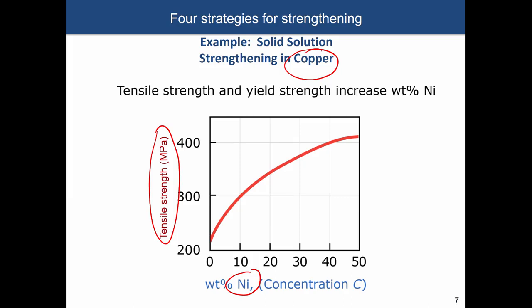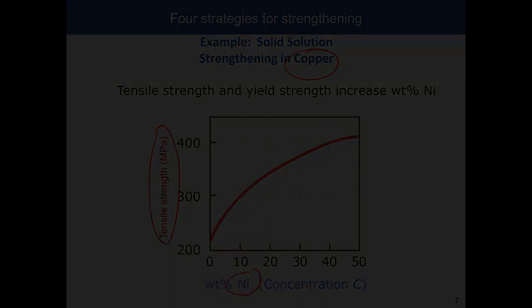Then when you increase the concentration of nickel atoms, this goes up. These are actual measurements, and this is something that can be observed directly. So again, very commonly used, as in the case of grain boundary engineering.